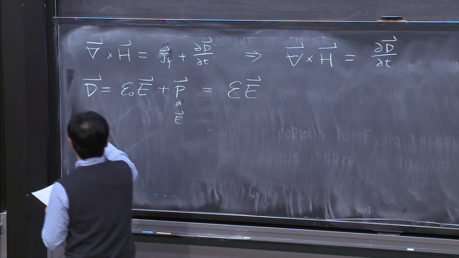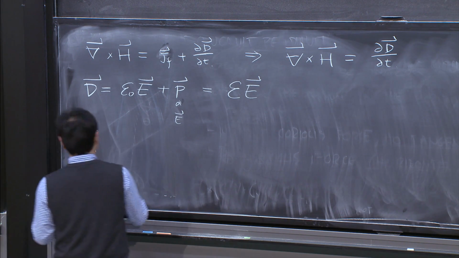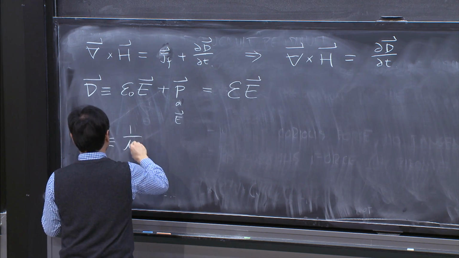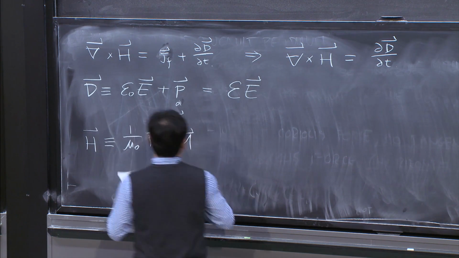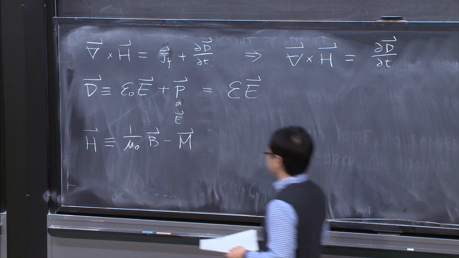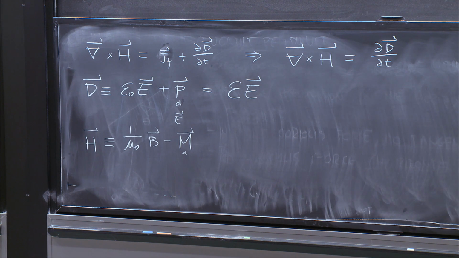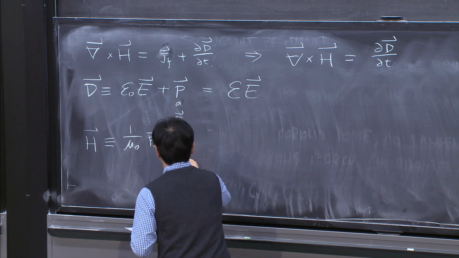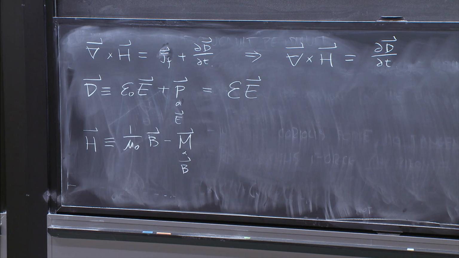On the other hand, I can also discuss the H field, okay? The H field is defined as 1 over mu_0 times B minus M, where M is the magnetic dipole moment, okay? In the case of very small magnetic field and the linear material, basically this M vector can be proportional to the B vector, okay?